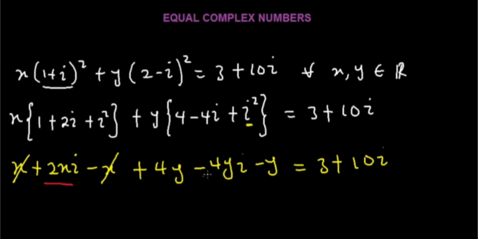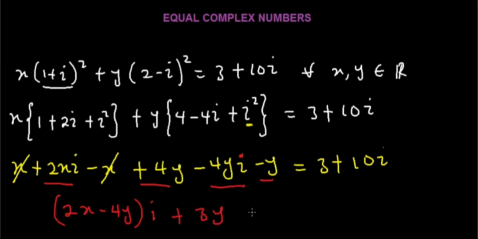This one has i, this one has i. So I'll have (2x minus 4y) i. They both have i. Then plus, in fact, this one here, 4y minus y, that's 3y. So plus 3y is equal to 3 plus 10i.